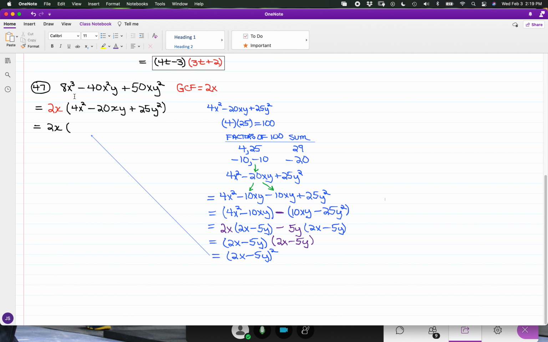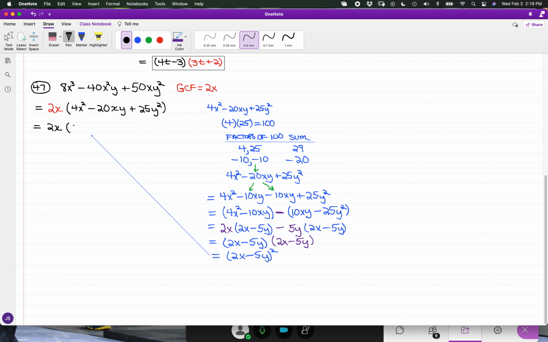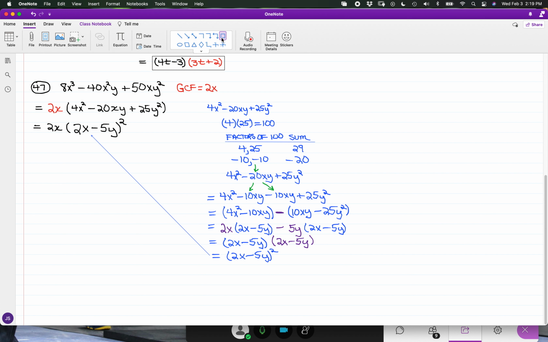But again, we started out with the greatest common factor at 2x, and for the rest of the solution, we have times the quantity of 2x minus 5y raised to the second. And that'll be the final result here.